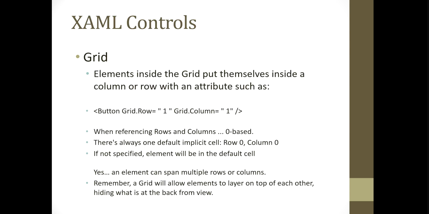Okay. The elements inside the grid put themselves inside a particular row and column, right? So you basically say something like this inside the attributes of a given control or UI element. You say grid.row and grid.column. Now, if you don't say anything, it's still going to go into a row and a column, but it's going to be 0, 0, right? That's the default.